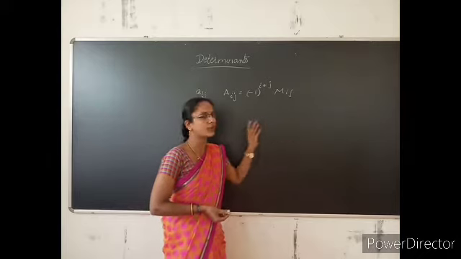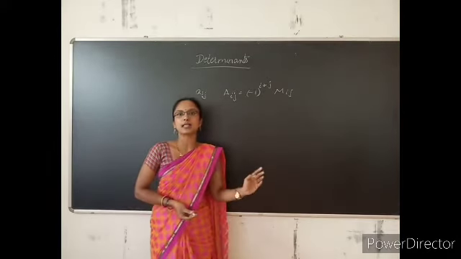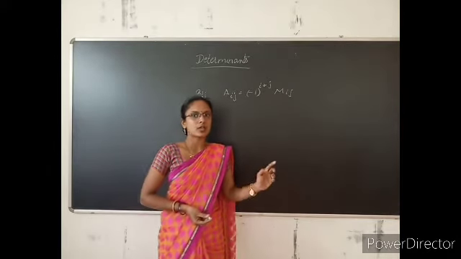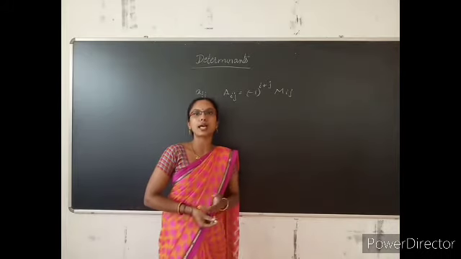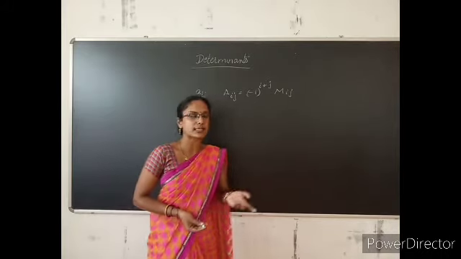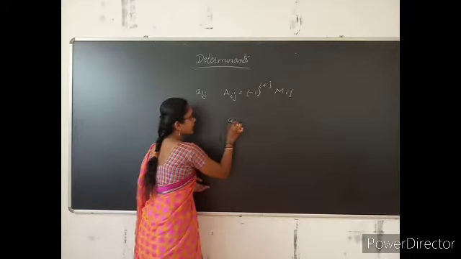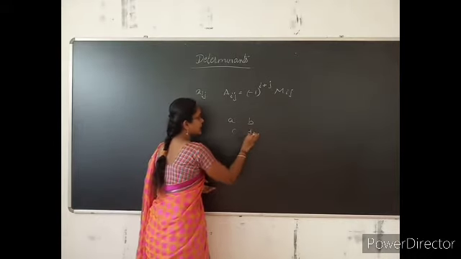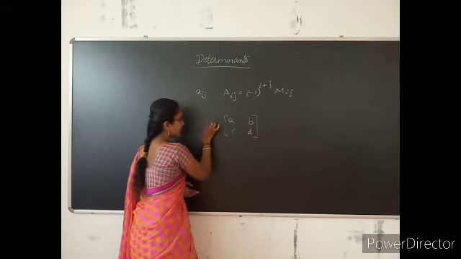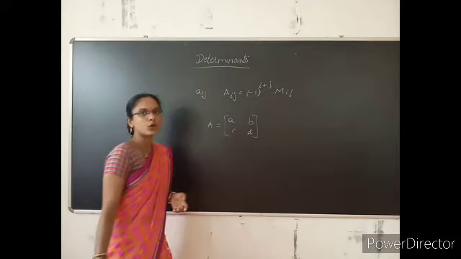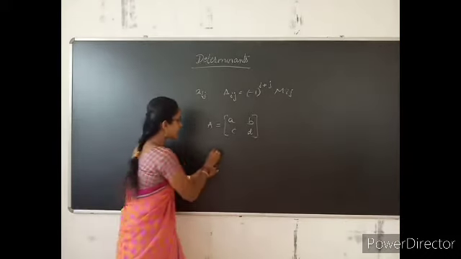So together we can define the adjoint of a matrix. There is one easy way to find the adjoint of a 2 by 2 matrix. Suppose there is a 2 by 2 matrix A with entries a, b, c, d. How to find the adjoint of this matrix?